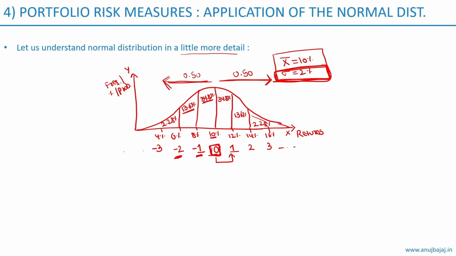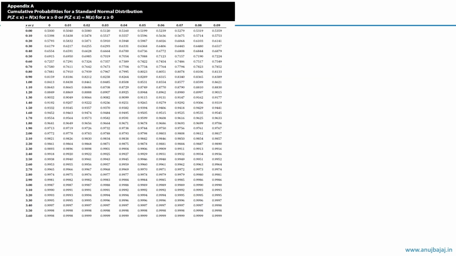We have a table which shows us the percentage of observations lying below standard deviation. So this is the table which shows us the percentage of observations which lie below a stated standard deviation. So this table is about the positive standard deviations.